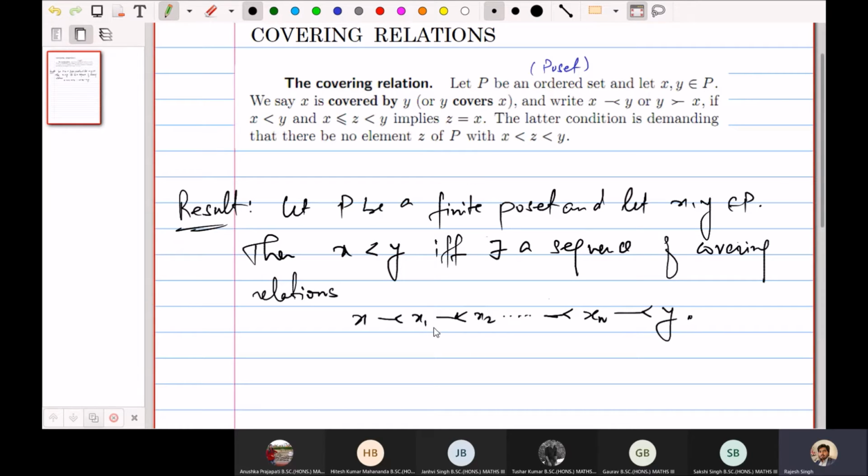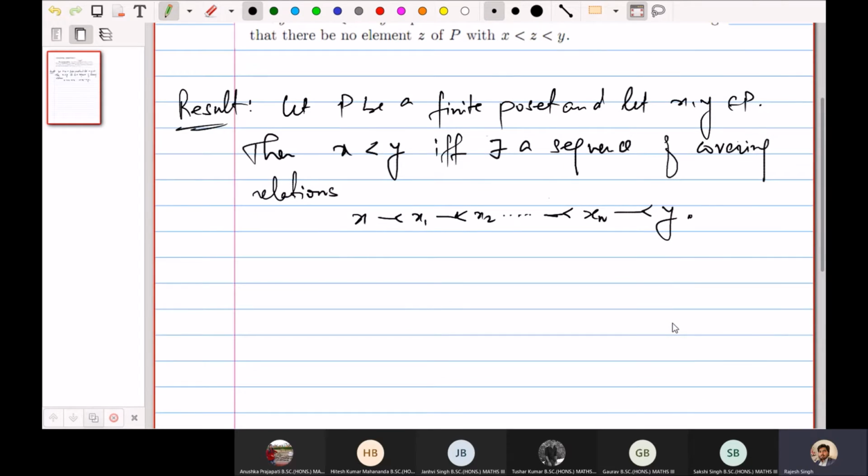So we can find such elements x1, x2, xn belonging to P such that they lie between x and y. Fine.